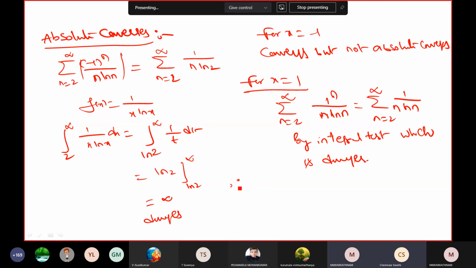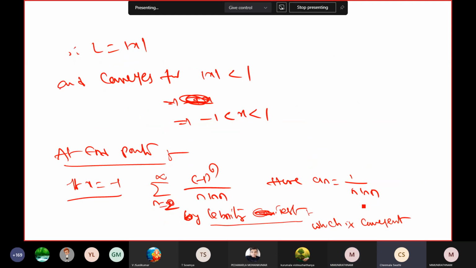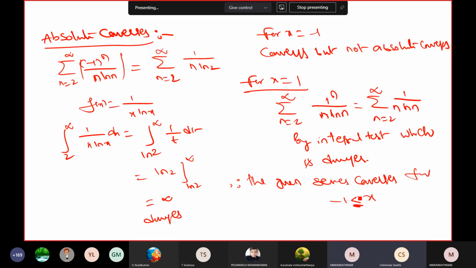So therefore the given series converges for -1 less than or equal to x less than 1; at 1 it diverges.